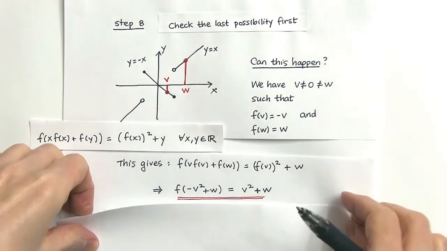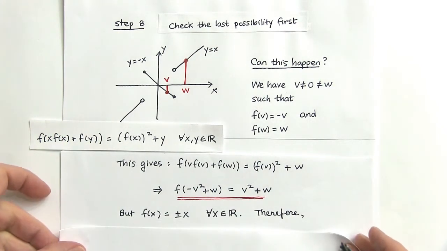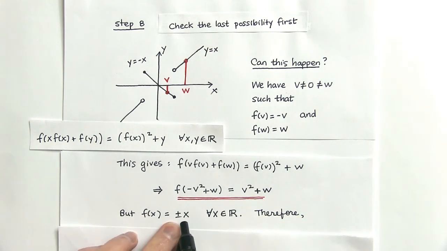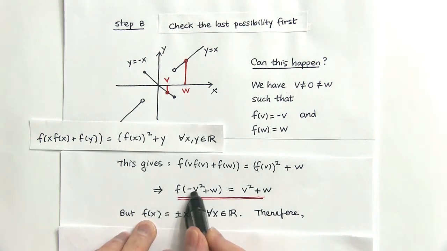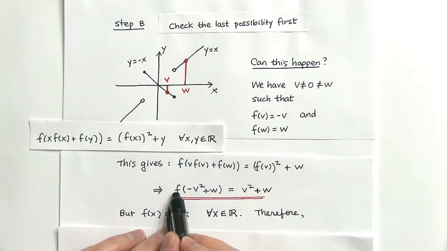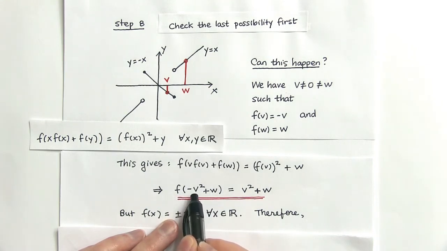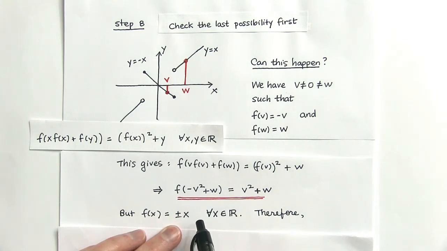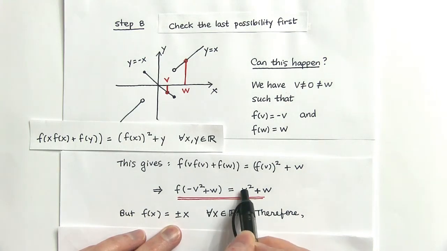But on the other hand, I think we have a problem because we know that f at x is either plus x or minus x for any x you plug in. So when we plug this value into f, we must get either minus v squared plus w or v squared minus w, and this is not what we're getting.